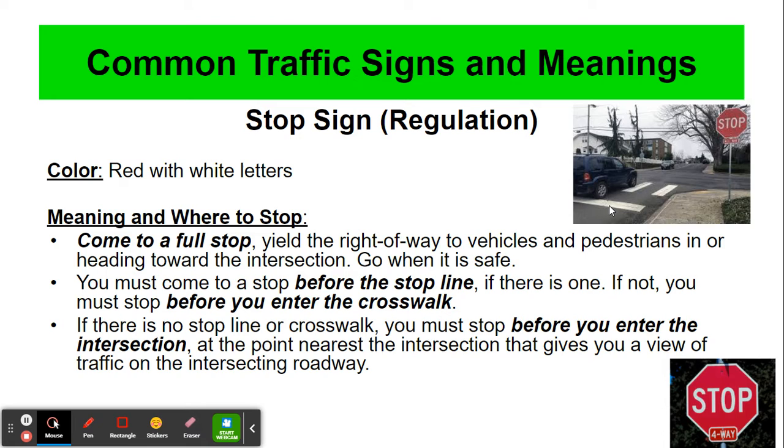I'll give you a reason why. I was just out yesterday taking some pictures and doing some video for you guys. One of them was this: we had a recessed white stop line. You'll find these at intersections with stoplights too.